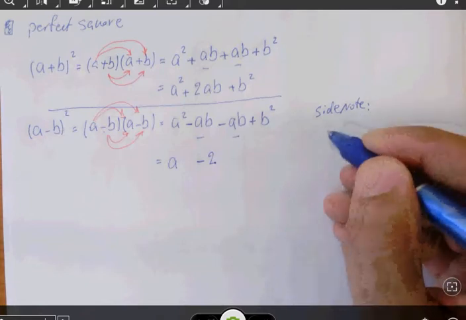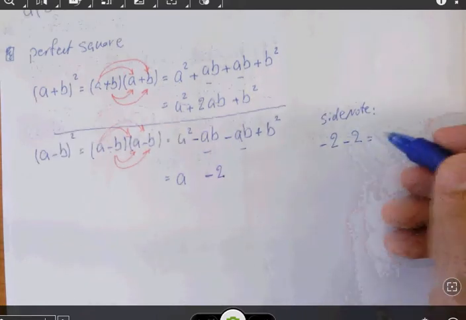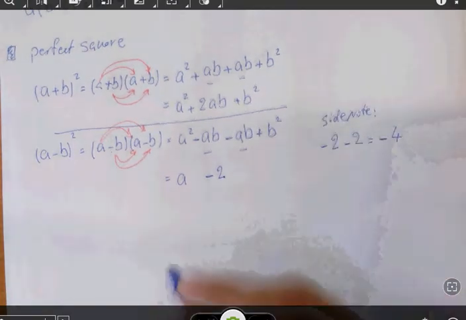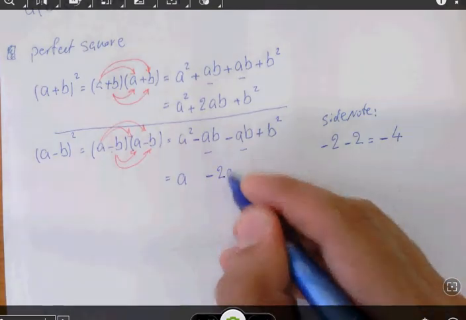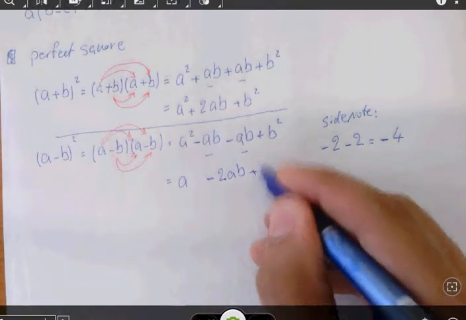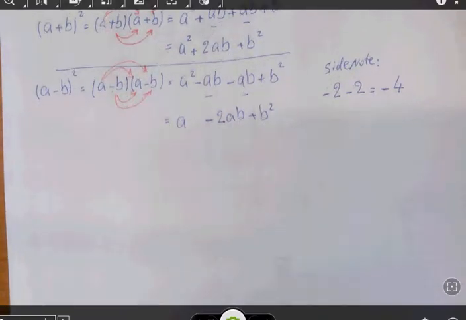Same way as if I said negative 2 minus 2, what would be the result? Yeah. Same deal here, negative 2AB plus B squared. Very good. Okay, well, that's almost done. We're almost done.